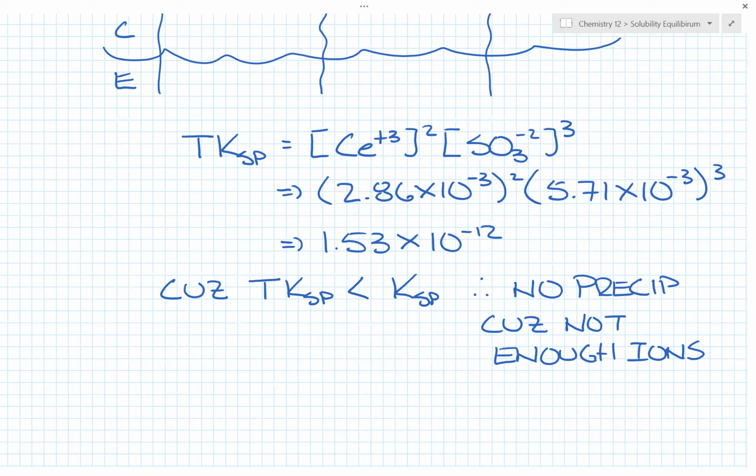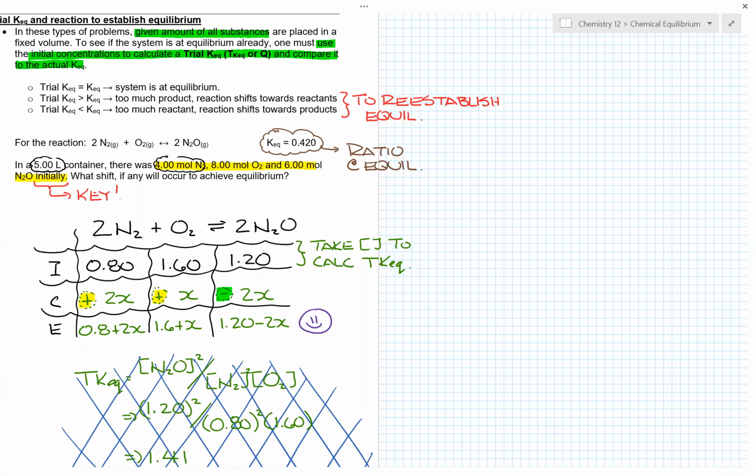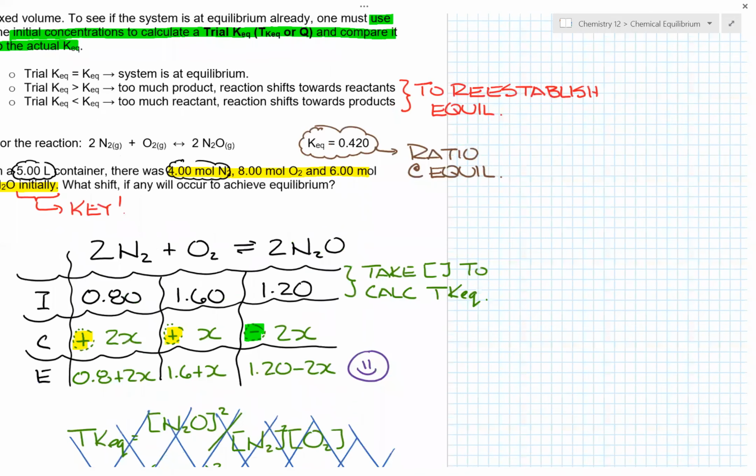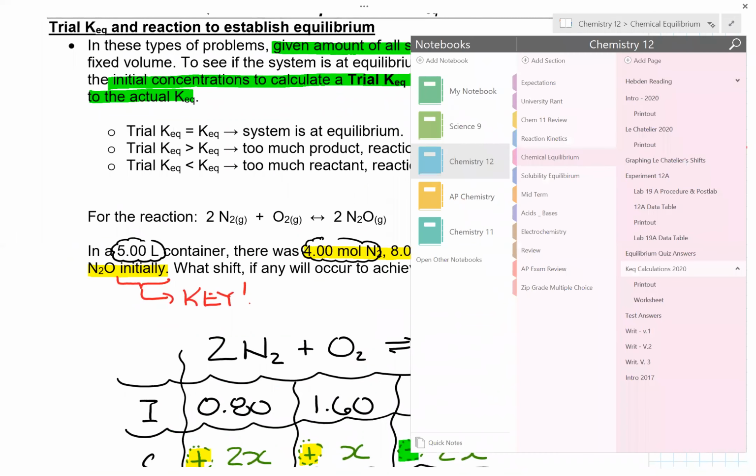All right? And so what that means is you might say, well, Mr. Chan, how does that relate to trial KEQ? Remember when trial KEQ is less than KEQ, you had too much reactant, reaction shifts towards products?